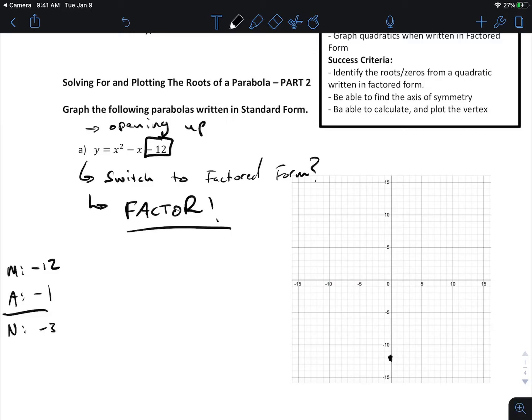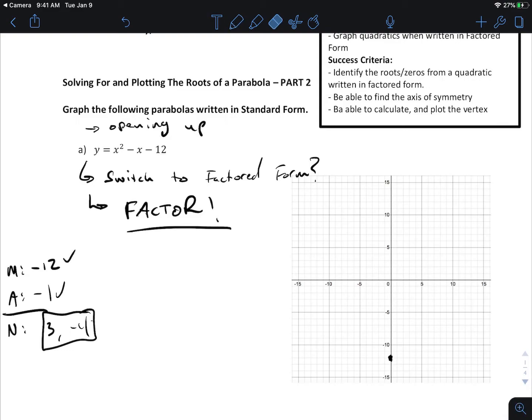Okay, so it's 3 and negative 4. That multiplies to negative 12, and then if I add them together, I also get negative 1. So those are the two numbers. And what kind of trinomial do I have here?